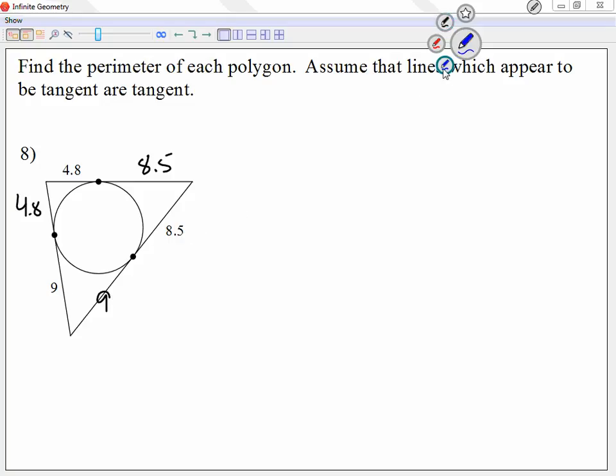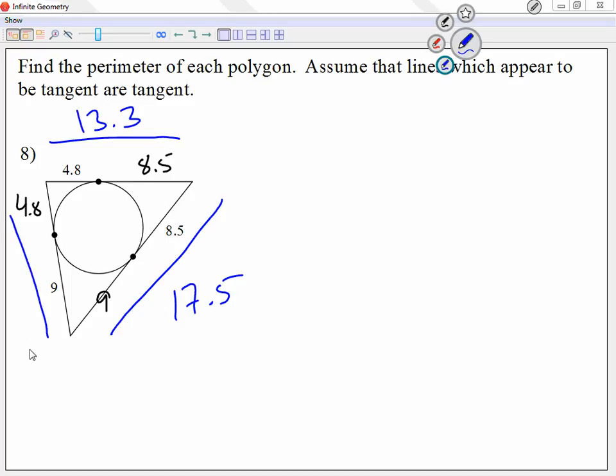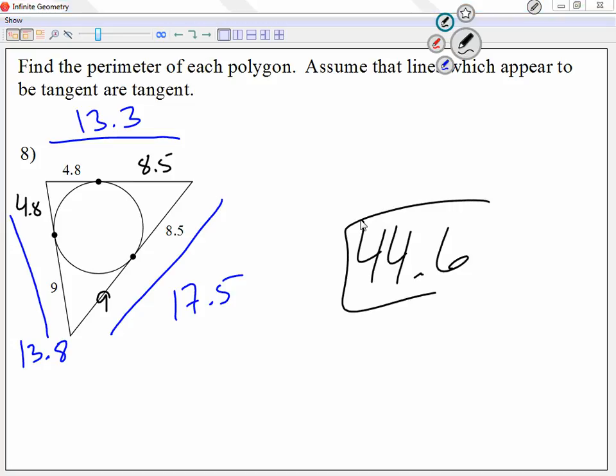So when I look at the entire side, this side right here should be 17.5. I just added those two numbers. Looking up here, add the two numbers and you should get 13.3. And then over here, you should get 13.8. Now add the three sides and you should have 44.6.